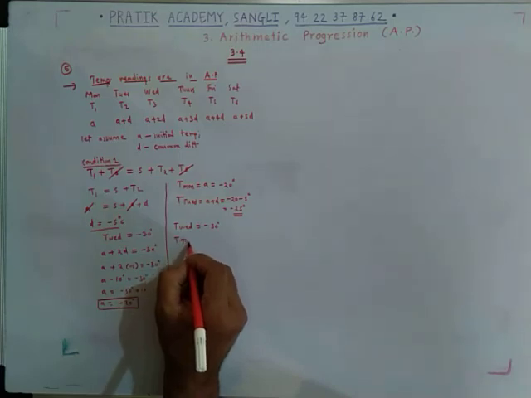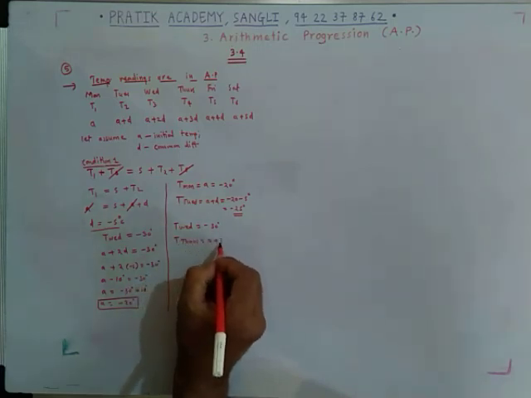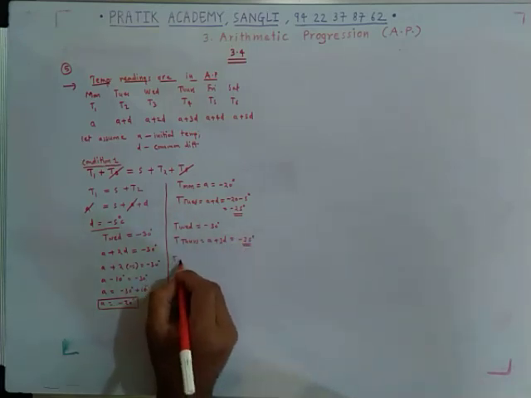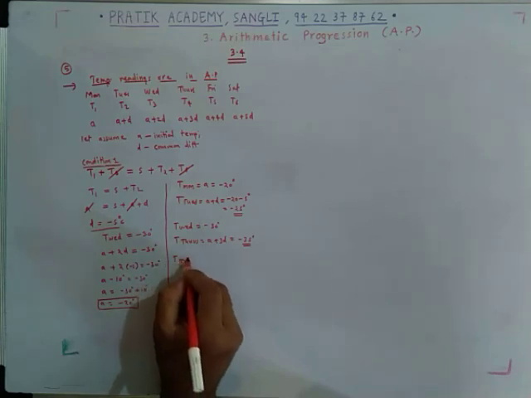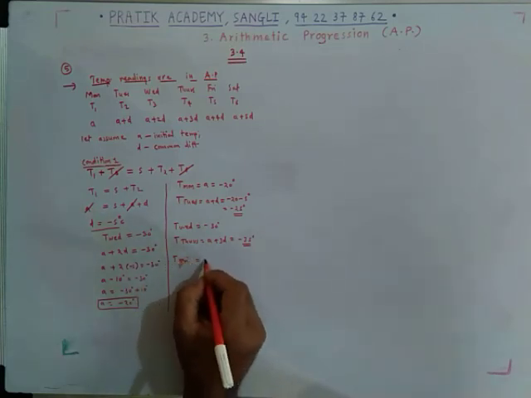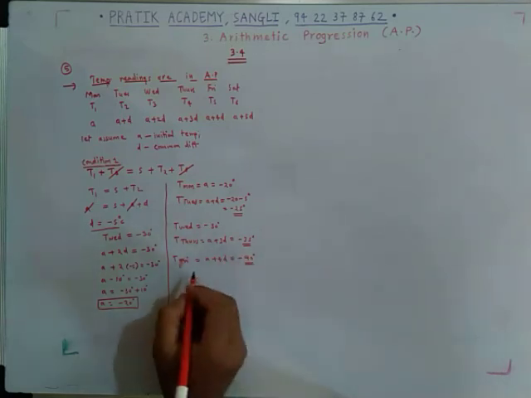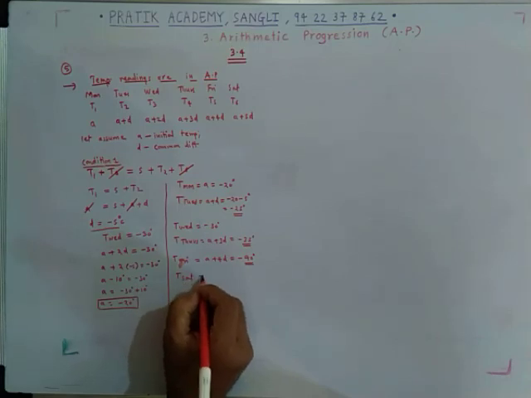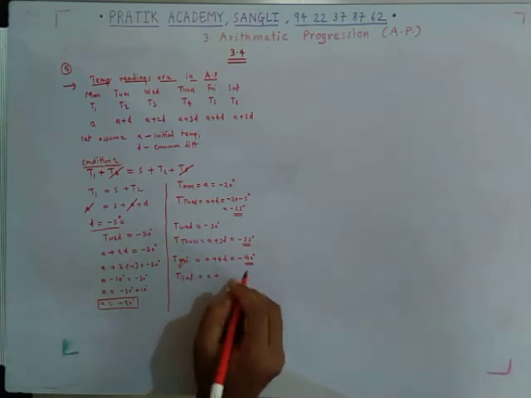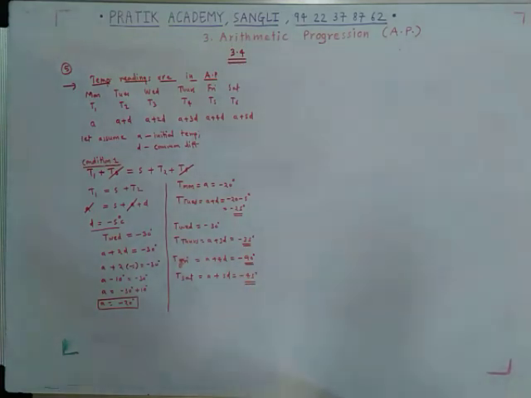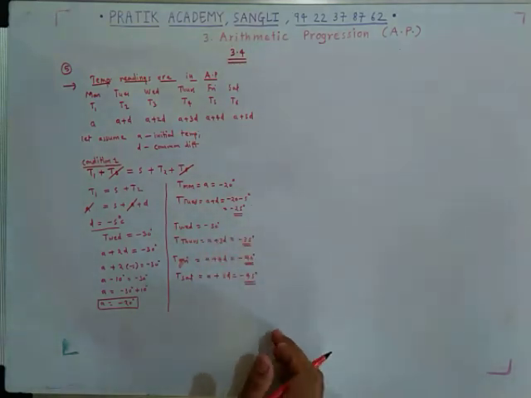T Thursday is a plus 3d, that will come to minus 35 degrees Celsius. T Friday will be a plus 4d, that will come to minus 40 degrees Celsius. And T Saturday will be a plus 5d, that will come to minus 45 degrees Celsius. So these are the temperature readings from Monday to Saturday.